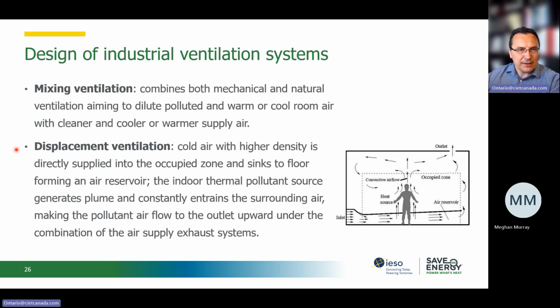Displacement ventilation relies on higher density air that pushes the air in the space in one direction, and then we reduce the mixing by directing the contaminant towards the exhaust from the space.